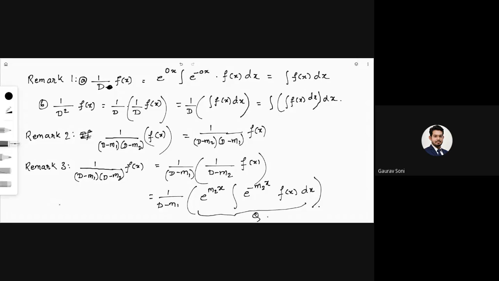So the answer here will be e to the power m1x integral e to the power minus m1x into Q times dx. So remark number 3 says that you apply the first one, whatever answer you get, then you apply the second one.